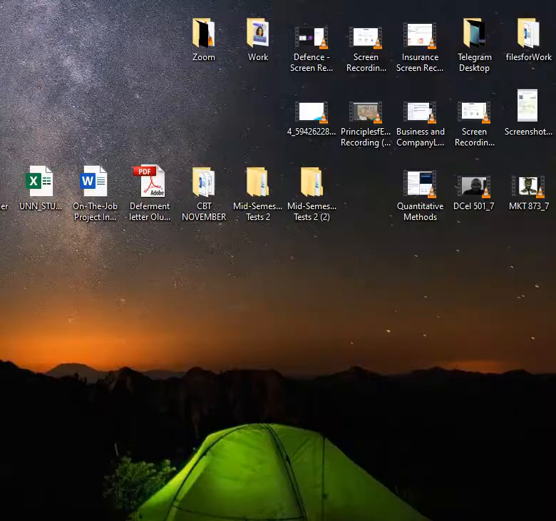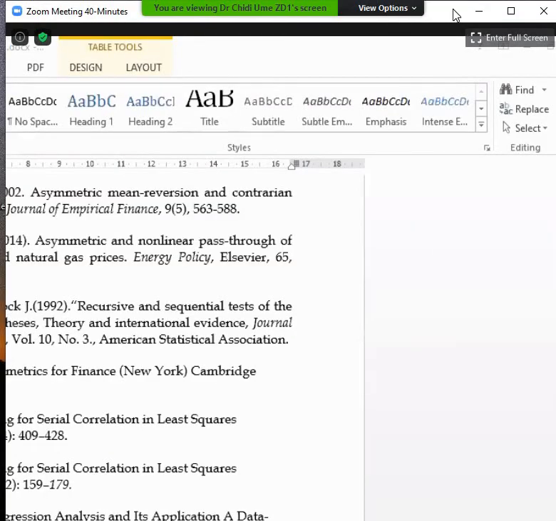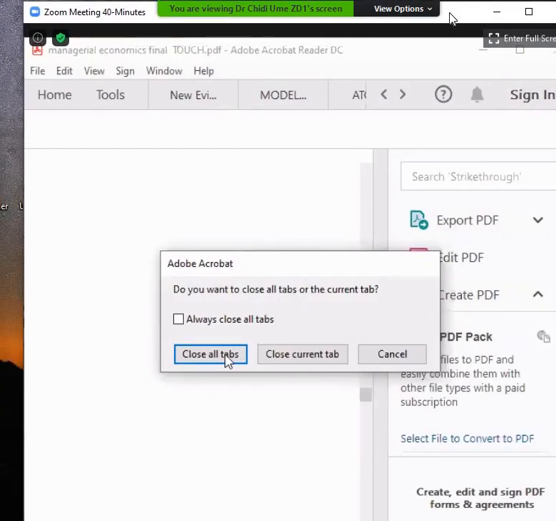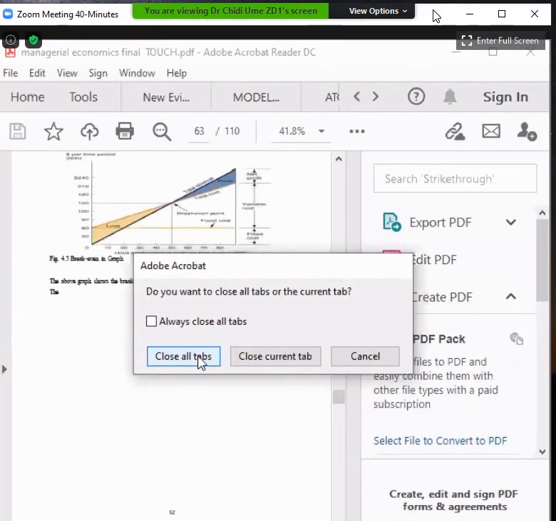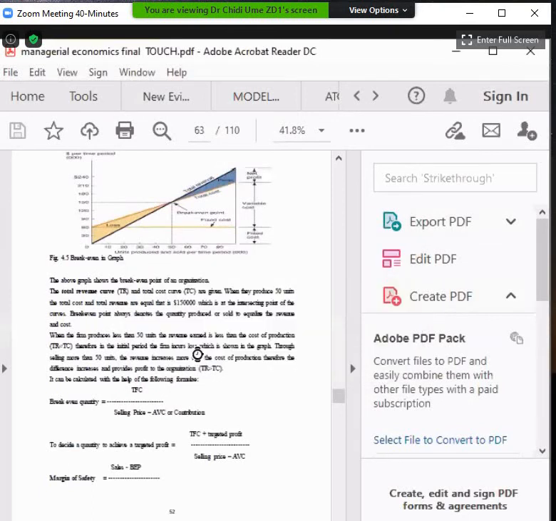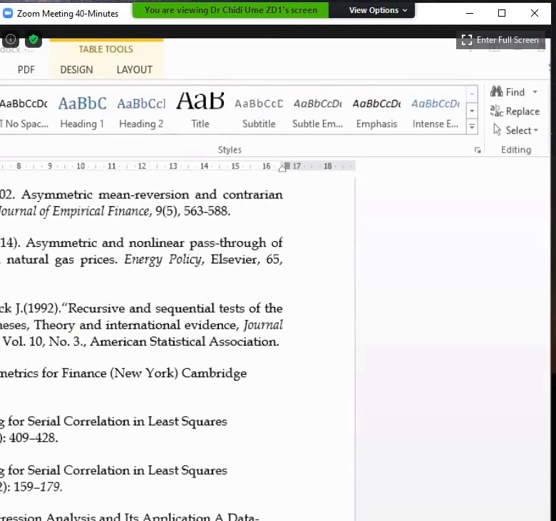And I did also say that such imperfections may include restriction in the number of buyers and sellers, information asymmetry. I hope you know what information asymmetry is. Does anybody know what information asymmetry is?